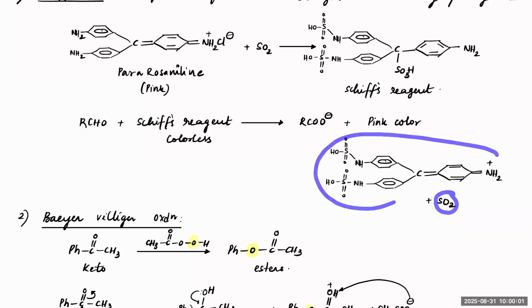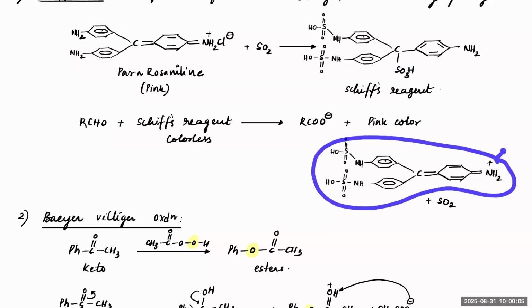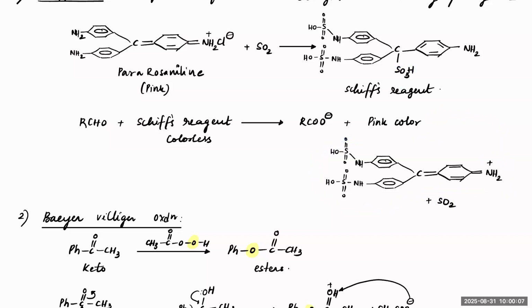The minute this SO2 is removed, it will start regaining its pink color. Understood now? And this aldehyde will convert into an acid form. Okay, and that's how you will notice that we will have an aldehyde converting into an acid form. This will become RCOOH directly.